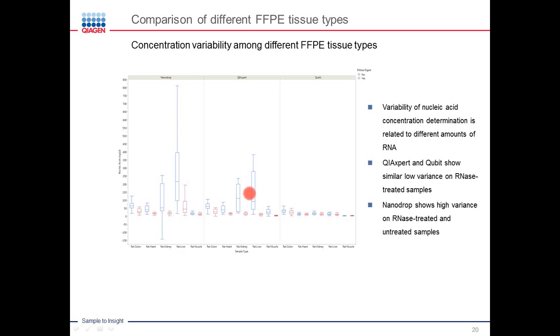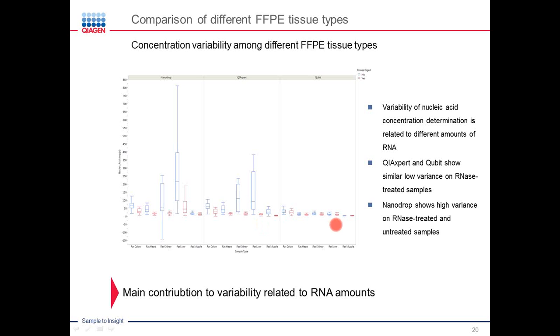However, if you look at the red data points, and this is very obvious with red liver, even when measuring those samples that were treated with RNase, so no RNA in there, a higher level of variability was still seen on the nanodrop, versus, for example, this data point on the QIAxpert and the qubit system.